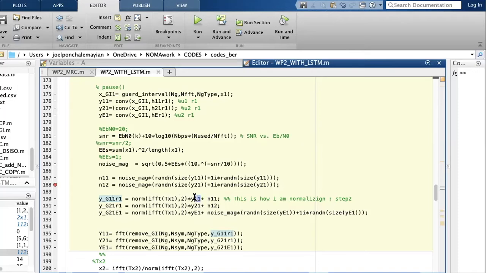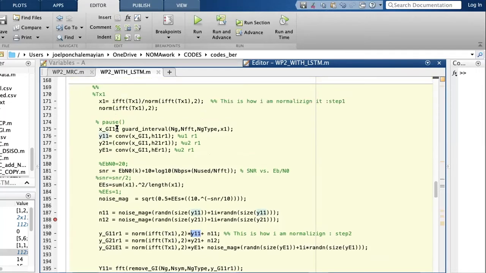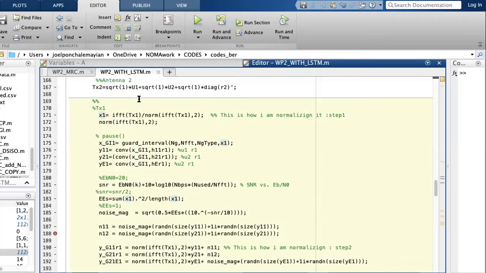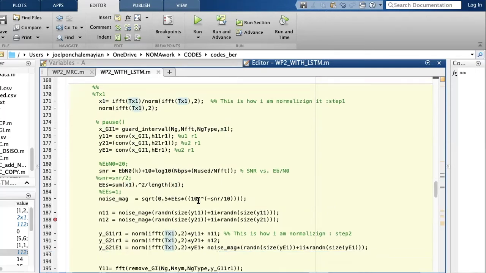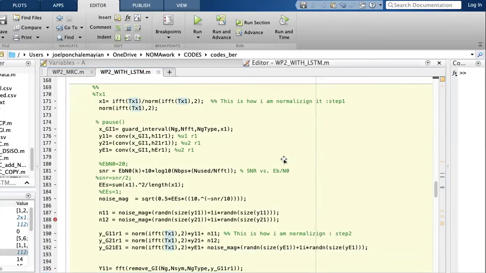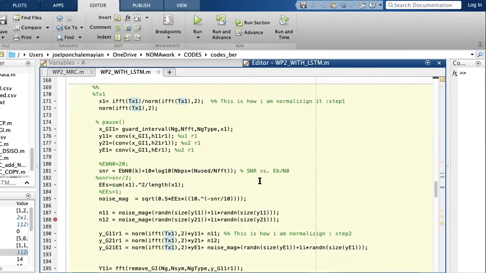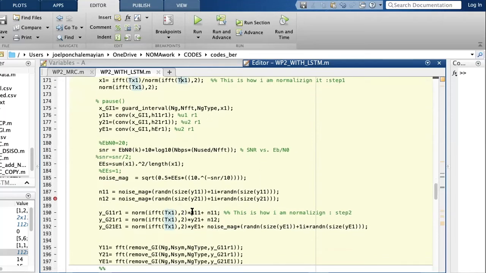We have our Y11 here, which is basically X1 here. So it's basically the signal we're transmitting during the first round, multiplied by the channel, and then plus the noise. Y11 plus, and then we also add the noise here.